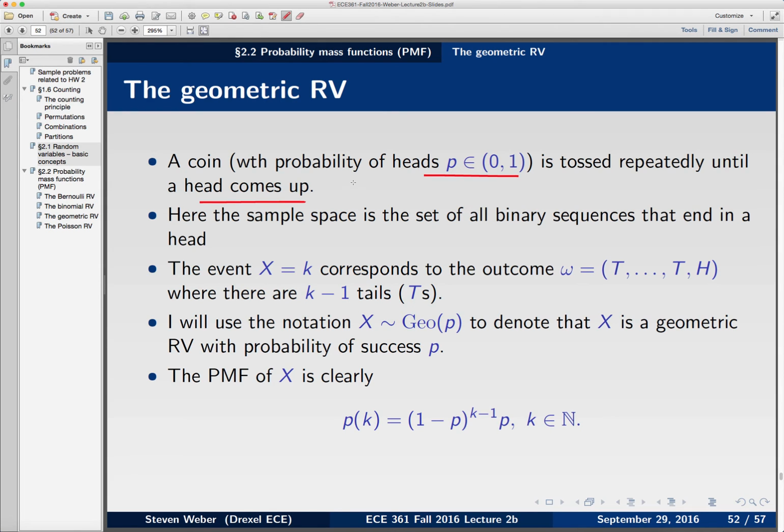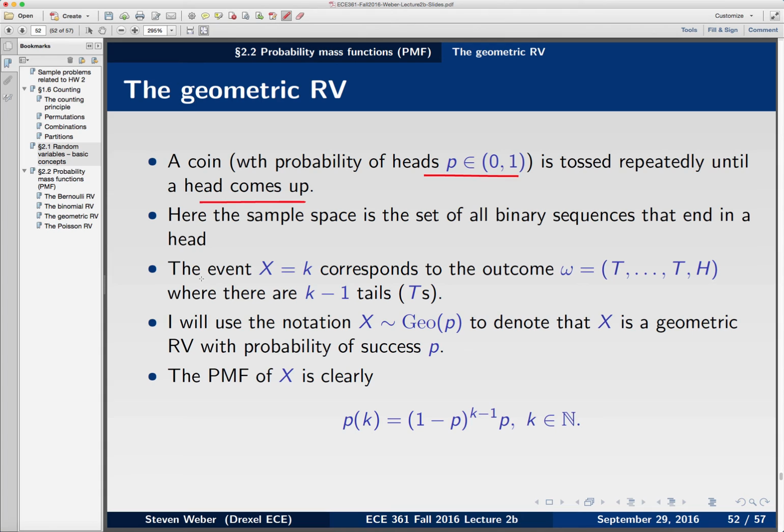So if we think of the realization of the sequence of coin tosses as being encoded by a binary sequence, where 0 counts for tails and 1 counts for heads, then for example 001 encodes the idea that the first two tosses were tails and our first head came up on toss 3, and therefore the random variable X takes value 3.